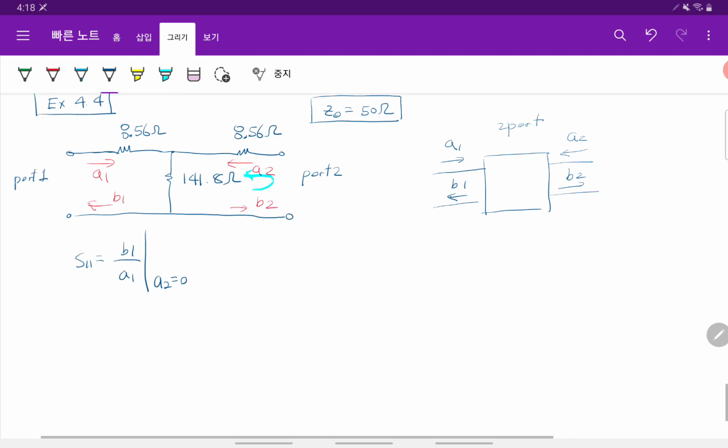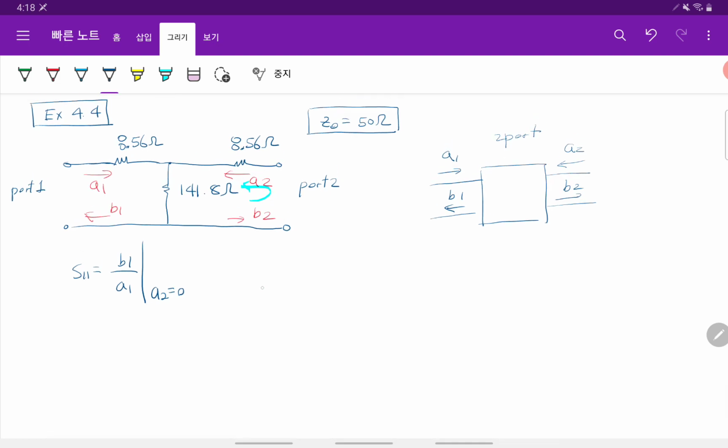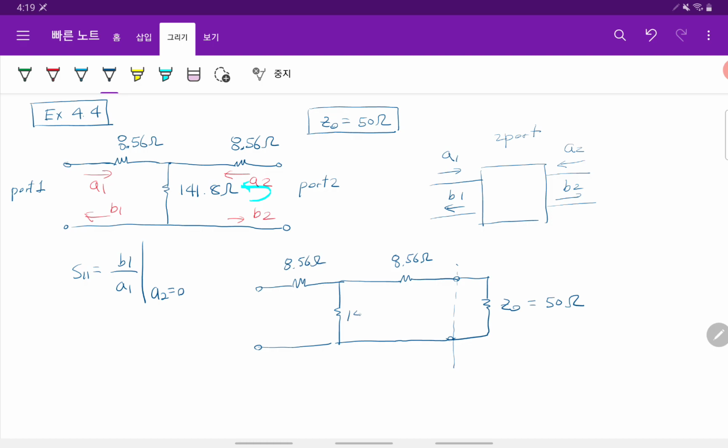A2 is 0 means there's no reflection at port 2. So to do that, we connect the load with the same resistance, the same impedance as the characteristic impedance, right? So we can put Z0, which is 50 ohm, because this circuit is based on 50 ohm, so there will be no reflection.